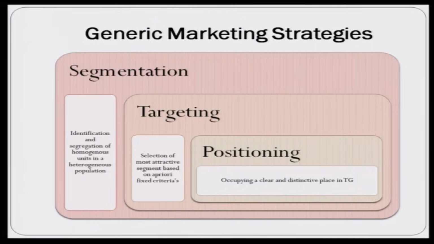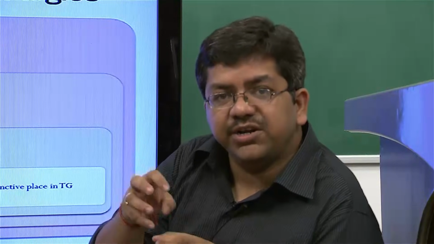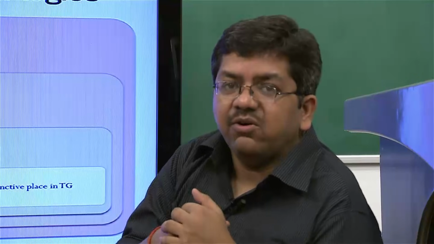Segmentation is when you have a heterogeneous mass or population in a market. If there are customers, all the customers will not have the same preferences. The preferences vary across the customers in a market. In this heterogeneous mass, you need to identify homogeneous groups, which are called segments.